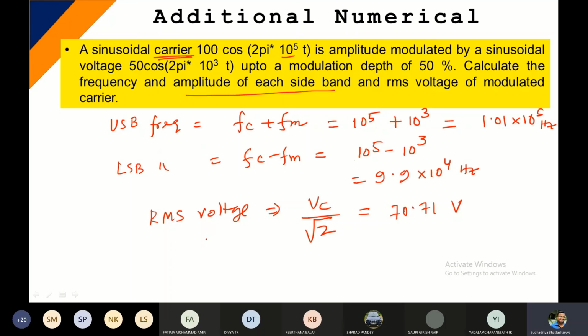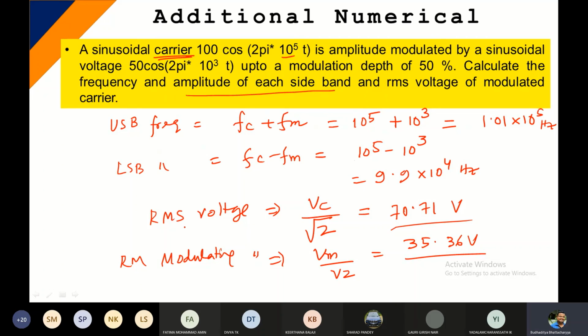And the modulating voltage, RMS once again, is equal to Vm by square root 2. Vm is equal to 50, so that will be around 35.36 volts. So these are the individual RMS voltages of the carrier and the modulating signal.